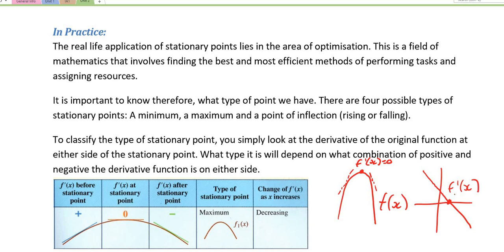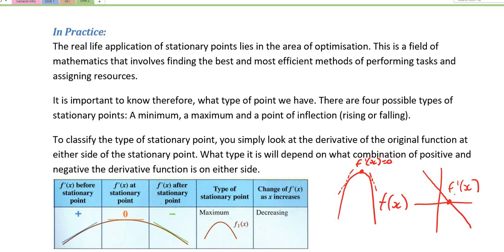So my derivative function will be in the positives to the left of it. After the turning point, the slope of the function is going down. So my derivative function, because a downward slope is a negative derivative, my rate of change is negative, will be in the negatives.